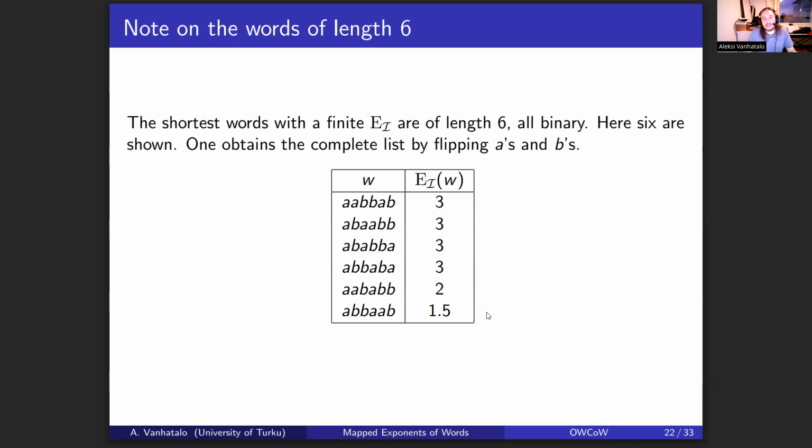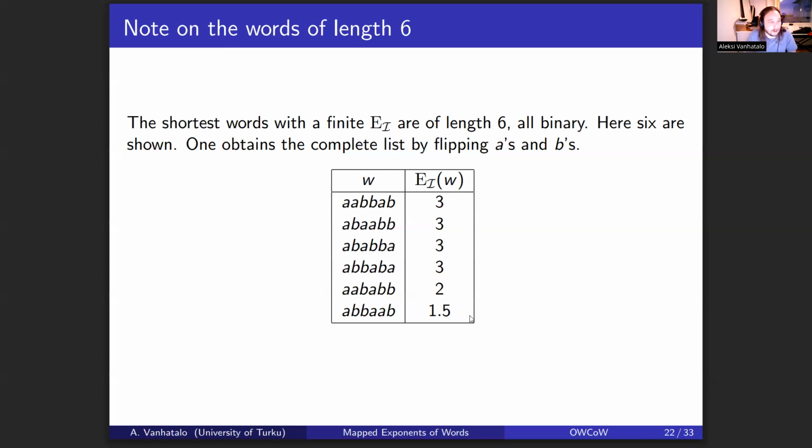So here are values of some small words that have finite value, and I have computed these. I think only the AB, AB, BA that I proved in this talk is something that you can read from the preprints. But these other values can also be computed. That's what I had for finite words.